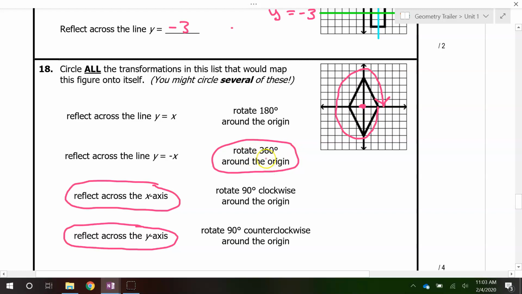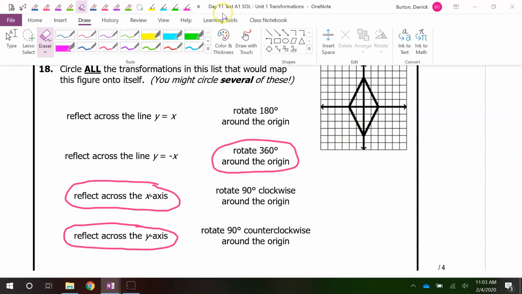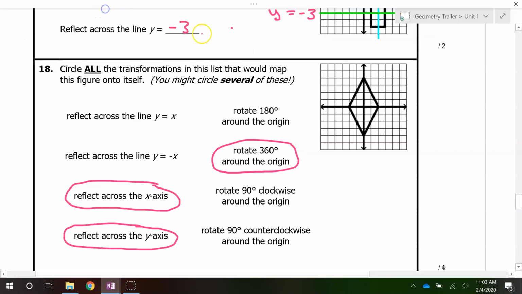So a 360-degree rotation will definitely work. What about a 180-degree rotation? A 180-degree rotation means turning the picture upside down. Will that work? Let's see.